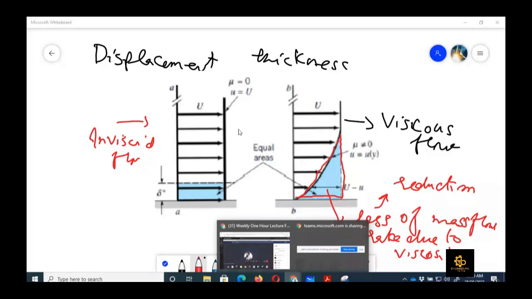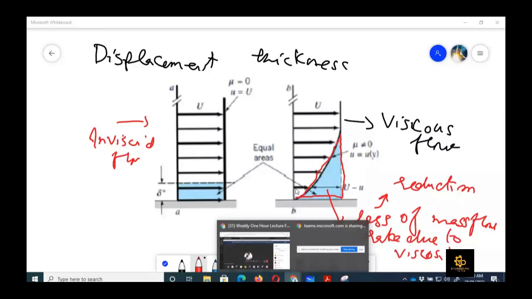The question is that if we measure the mass flow rate for both cases at the same y location, on the right hand side we have viscous flow, and on the left hand side we have inviscid flow. In which case would the mass flow rate be more? Because here you can see the velocity is less on the right hand side. Can you see, Hassan Mustafa? Yes, sir. So if the velocity is less, then the mass flow rate would also be less. Is that right? Yes, sir.